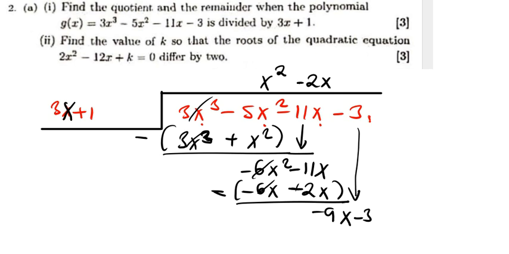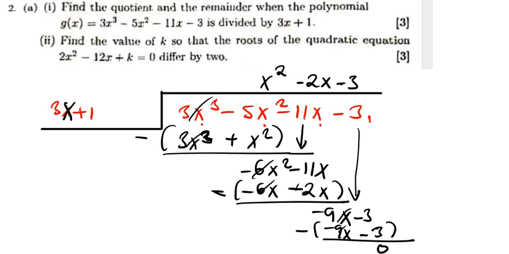Then 3x into negative 9x, x and x will go, so I'll have negative 3. Negative 3 times that, negative 9x, then negative 3. Again I subtract. This and that will cancel. Negative 3 minus minus 3 gives me 0.